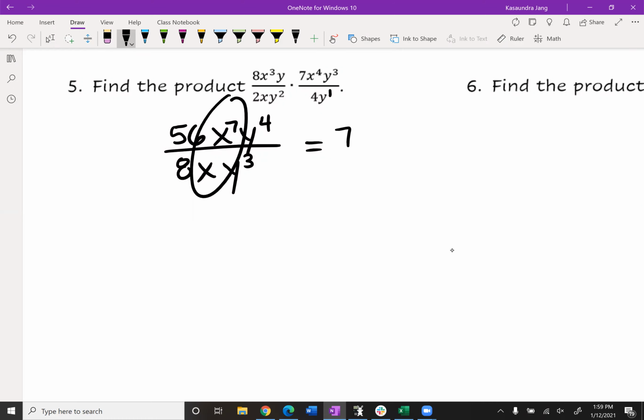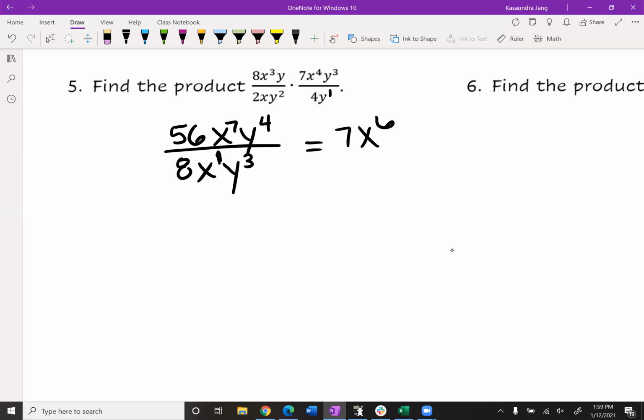What about your x's? What is x to the 7th divided by x to the 1st? Nice, x to the 6th. So your 7 minus 1 is 6.